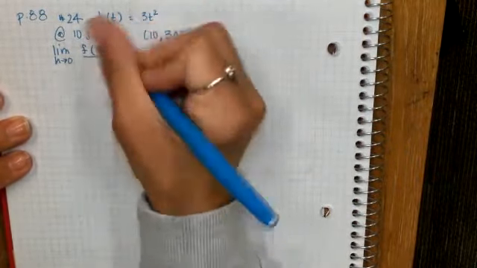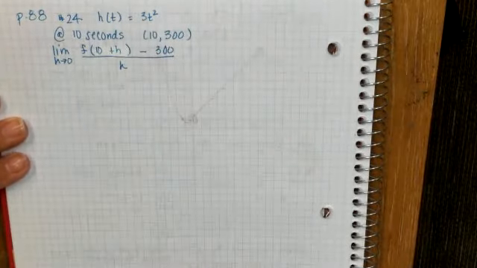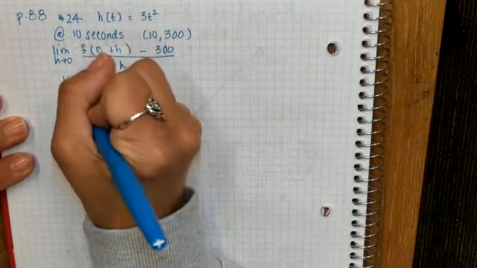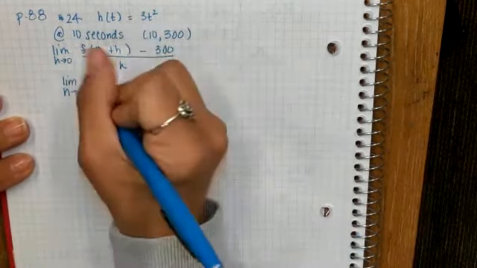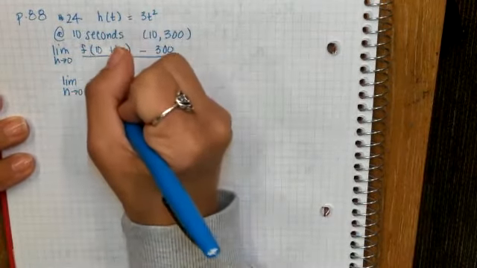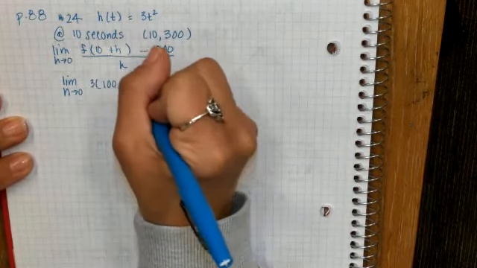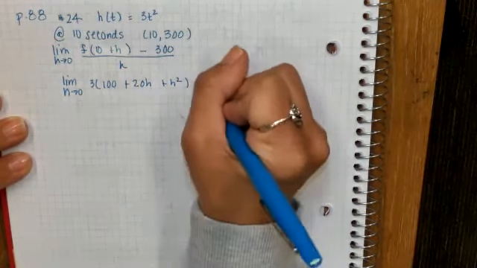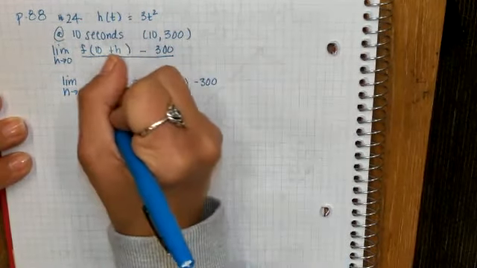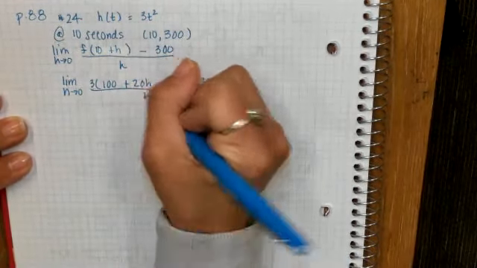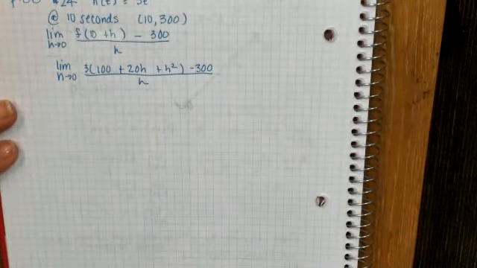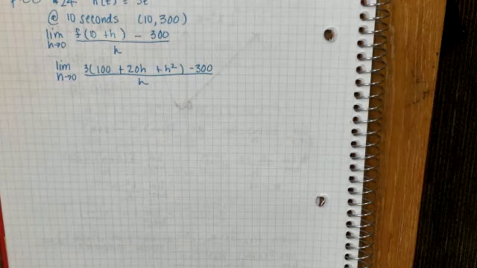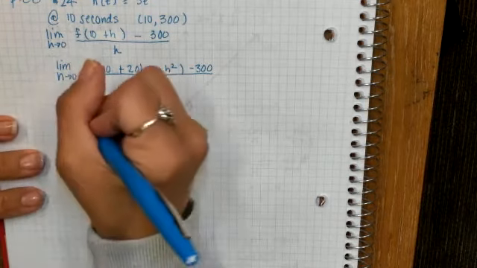all over h. Okay, so this is the limit as h approaches 0. Let's see, this is going to be 3 times 100 plus 20h plus h squared, minus 300. You get the point. I would hope that by now you're pretty good at doing all of your multiplying in your head.